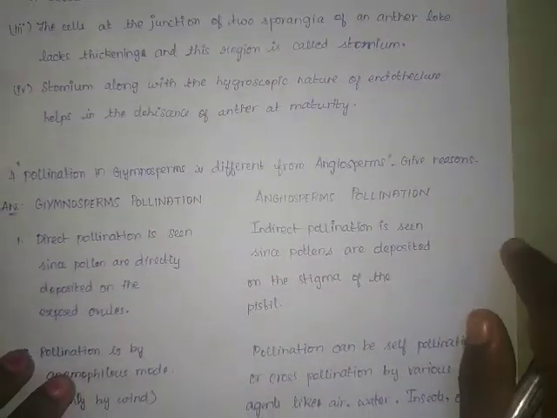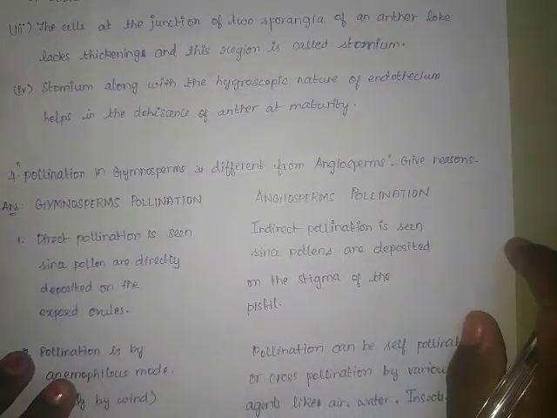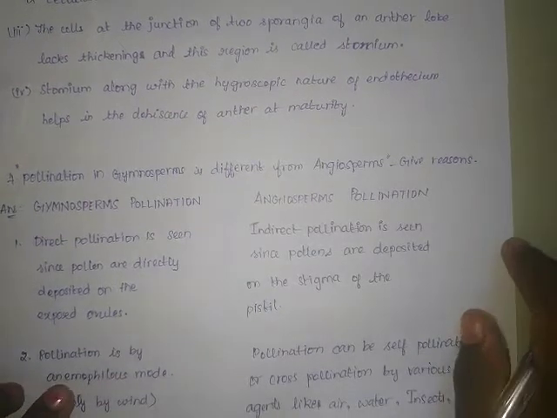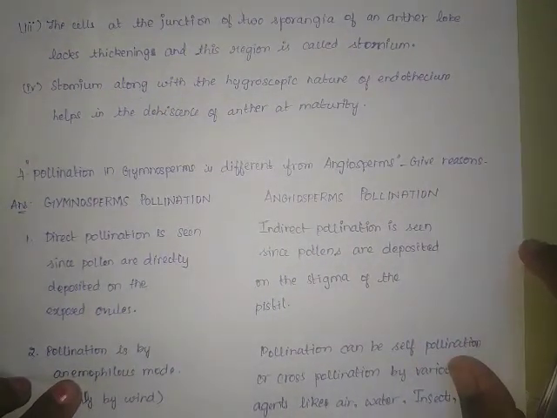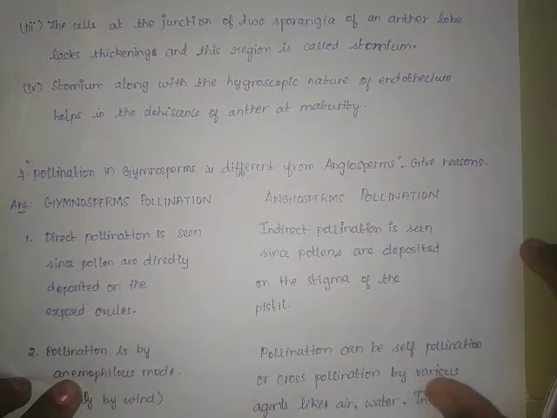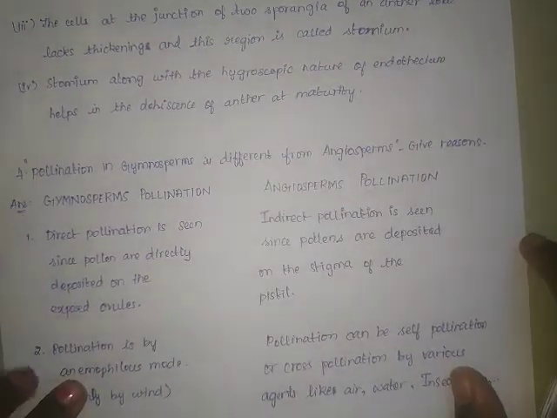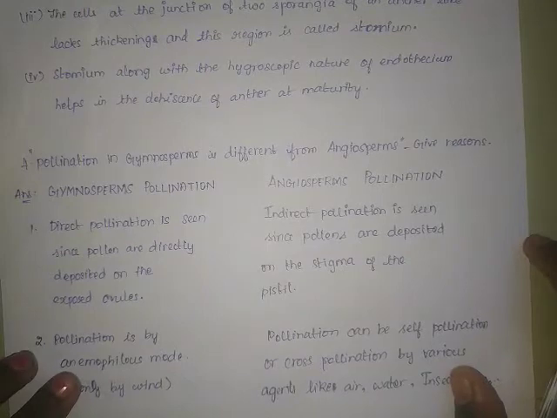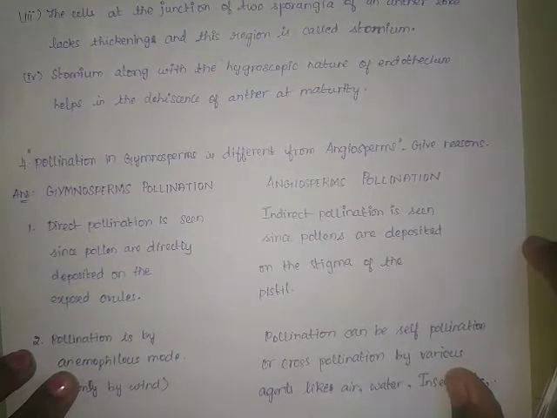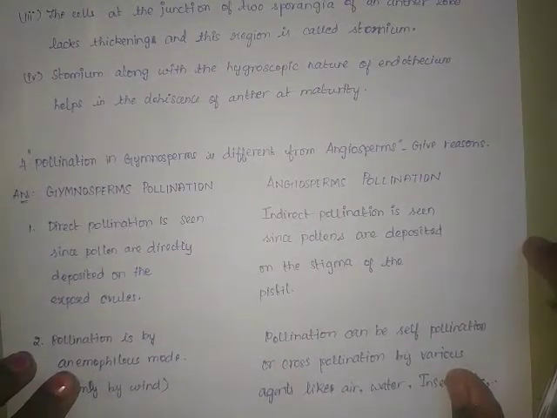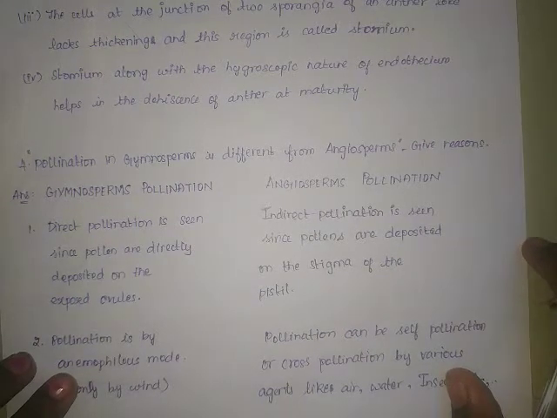Pollination in gymnosperms is different from angiosperms. Give reason. So, we have to differentiate between gymnosperm pollination and angiosperm pollination. In gymnosperms, direct pollination is seen since pollen are directly deposited on the exposed ovules. In angiosperms, indirect pollination is seen since pollen are deposited on the stigma of the pistil.